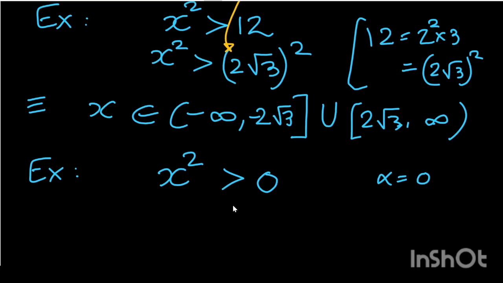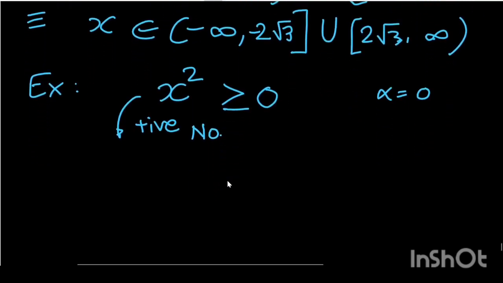Sorry, if it is greater than or equal to 0, let's say, we can use the formula also, or if you don't want to use the formula, by correct logic, which goes like this: for any real number, the square of that number, x square, is a positive number.